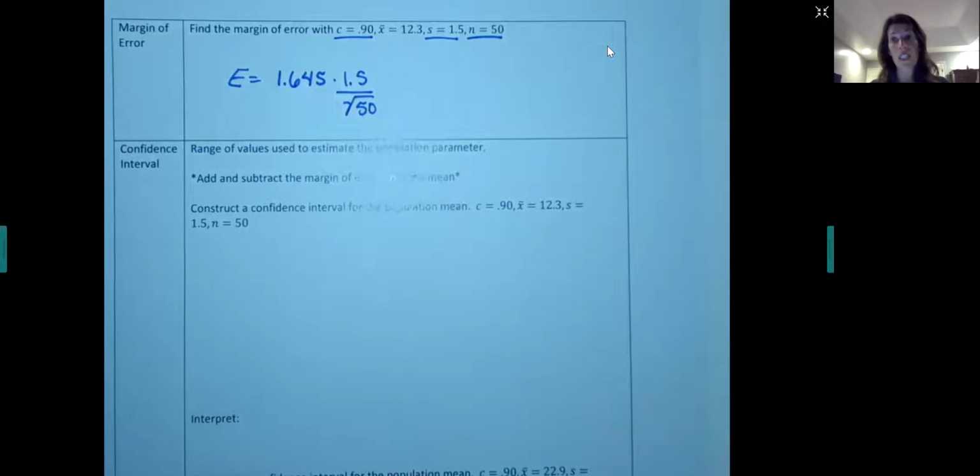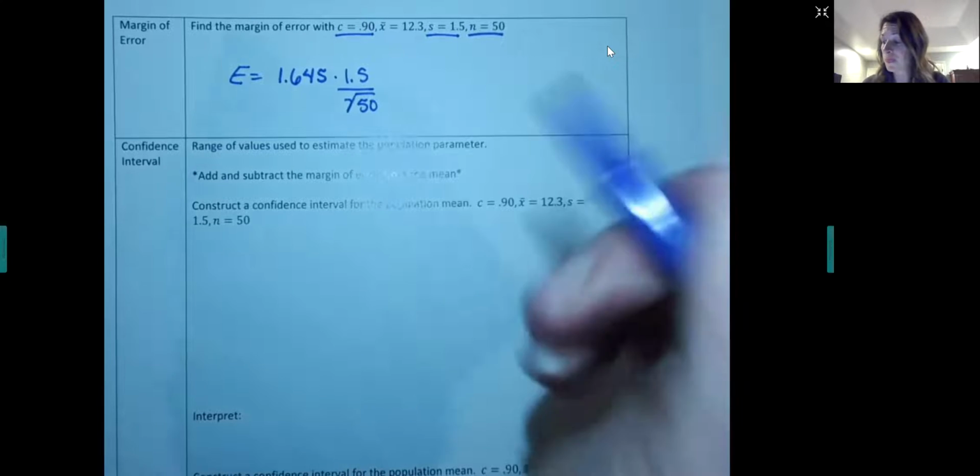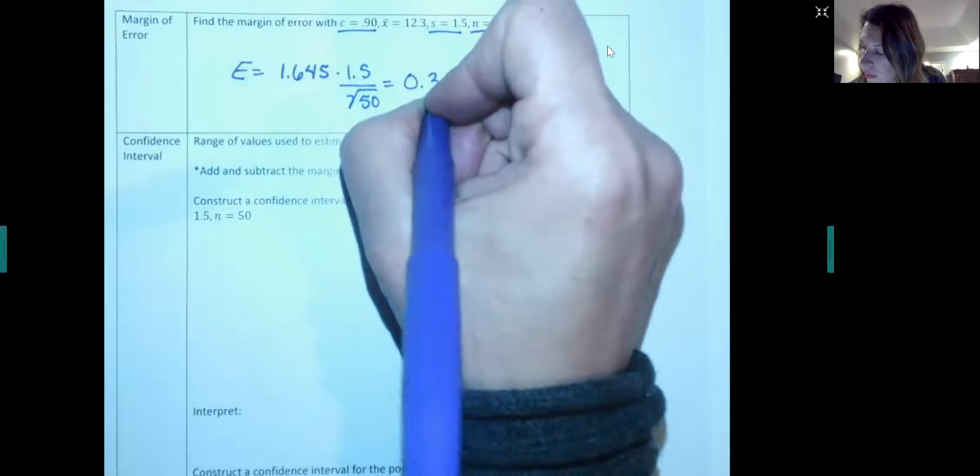Again, you're going to put this into your calculator. You all need to know how to do this. Some of you might not even know where to find the square root button, so I need to make sure that you know what you're doing. Put that into your calculator, push pause, and make sure that some of you agree. So my margin of error, when I put that into my calculator, you should have gotten 0.35.